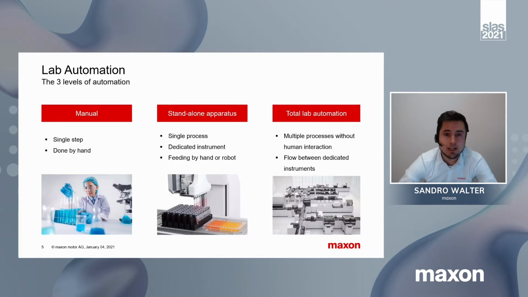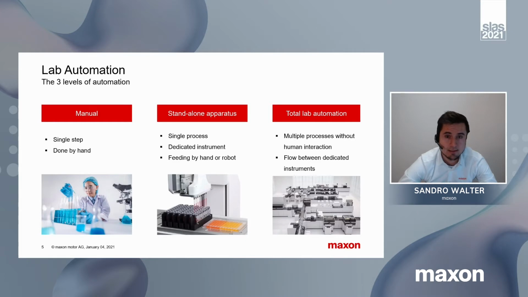Nevertheless, today there still exist different degrees of automation in the laboratory. Some steps are still carried out by hand, mostly single steps. On the other hand, other processes are carried out by using individual standalone apparatus, where the samples are then transported back and forth manually or with the help of other automation solutions like robots, for example.